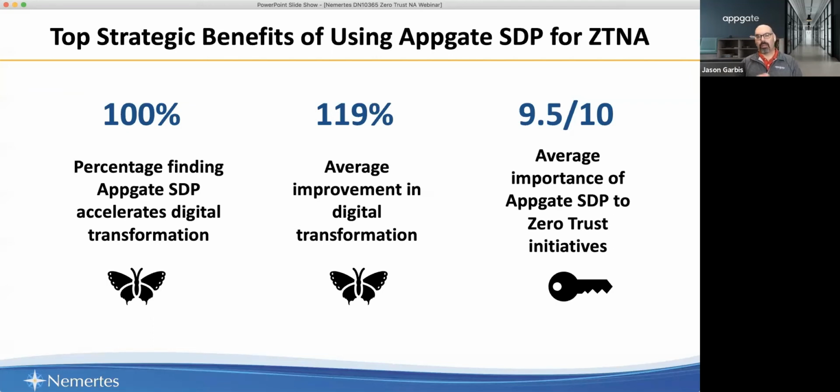And in fact, if you look at the most recent Zero Trust documents and architectures published by organizations like the National Institute for Standards and Technology, they clearly mention and give credit to SDP as an architecture that supports Zero Trust.